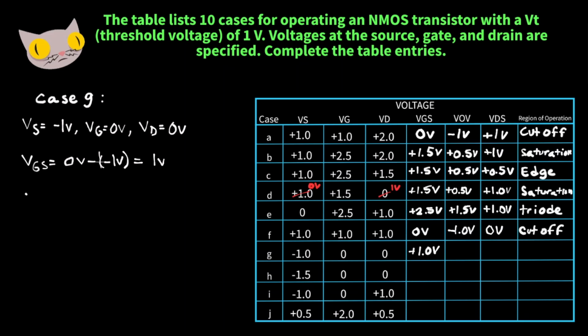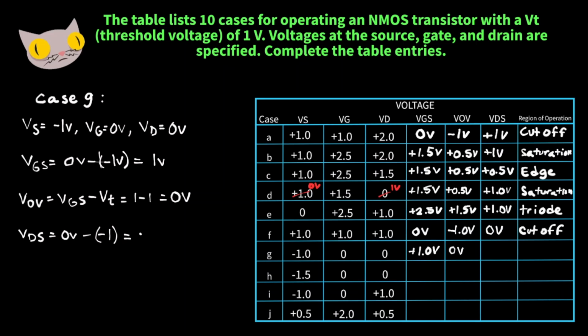So now let's find our overdrive voltage. That's going to be VGS minus VT, or 1 minus 1, leaving us with 0 volts. Now for our drain to source, that's going to be VD, or 0 volts, minus VS, -1 volt.